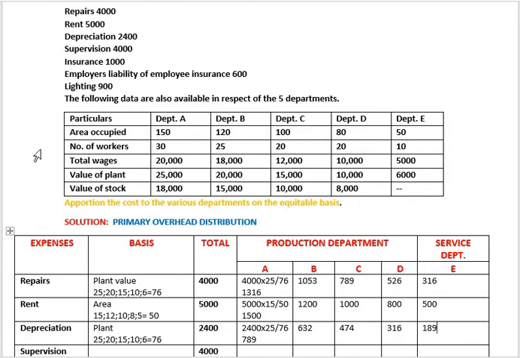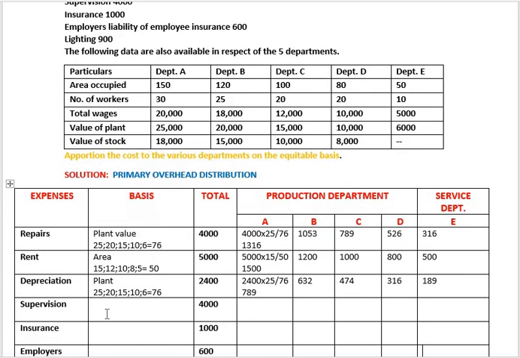Correct. So in every organization we will have supervisors to supervise the employees. So supervisor is usually appointed on the basis of number of workers. Correct. See the ratio is 30 is to 25 is to 20 is to 20 is to 10. So supervision is distributed using number of workers.